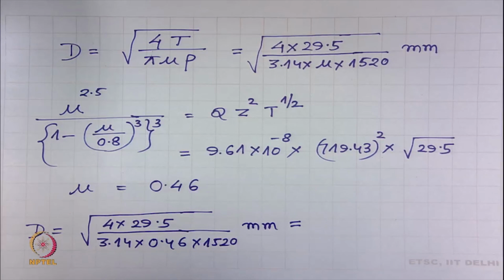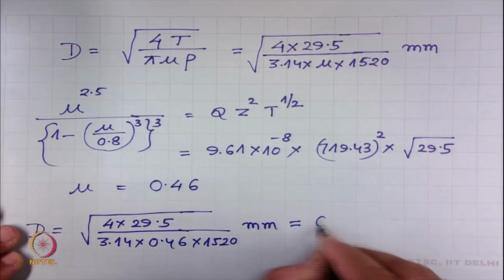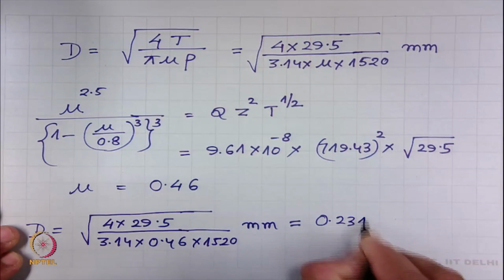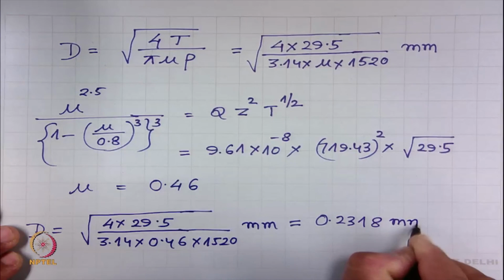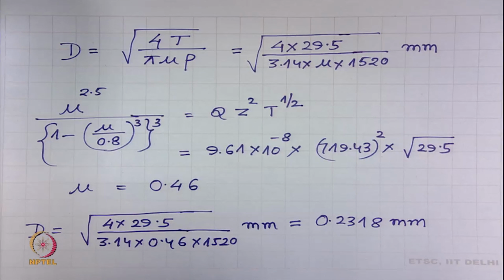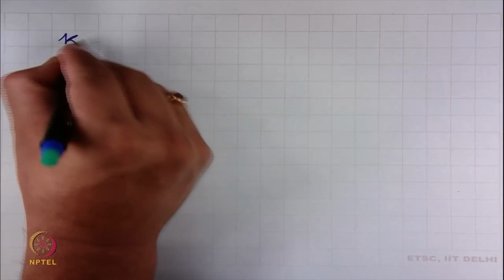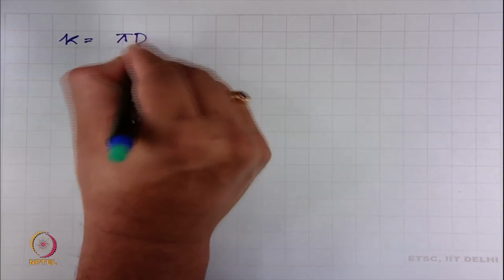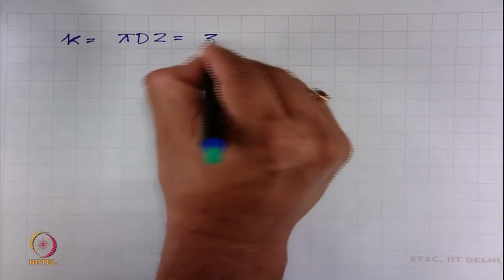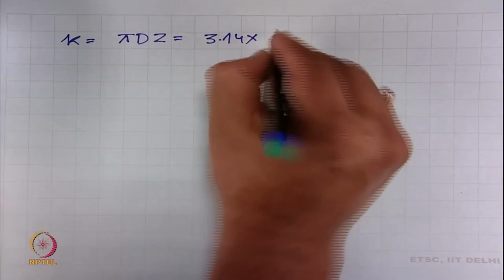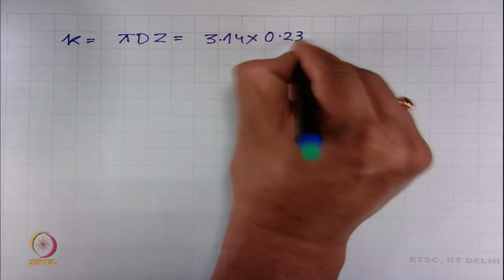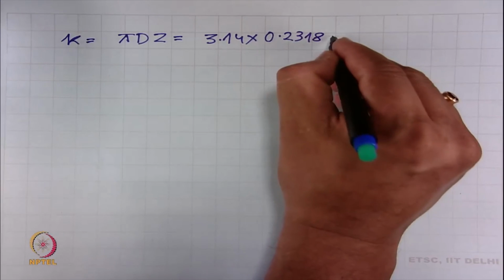This will lead to 0.2318 millimeter. So, you obtain the diameter, you know the twist, you will obtain the twist intensity. So, kappa is pi d z, 3.14 into diameter 0.2318 millimeter into z.